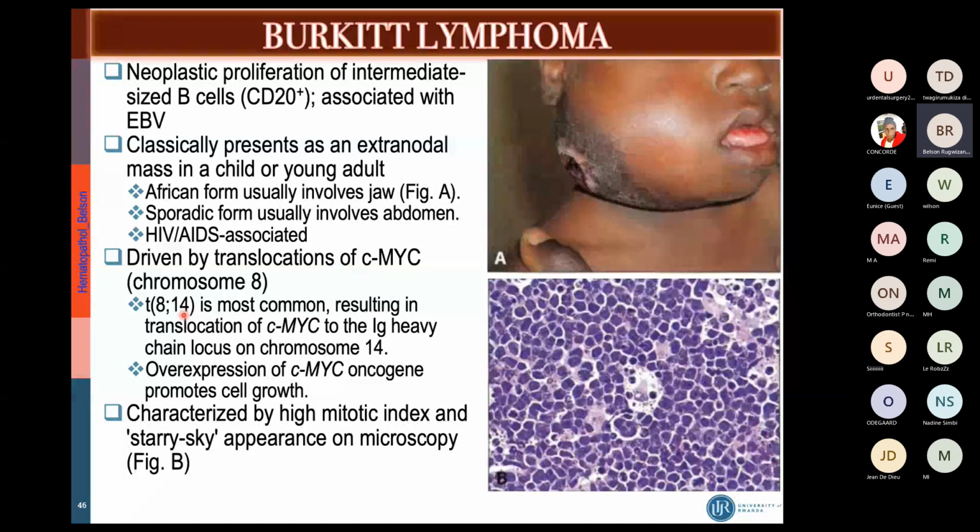I can say I also did research on that. So it is clear that malaria, especially Plasmodium falciparum malaria, has a big role to play in that.